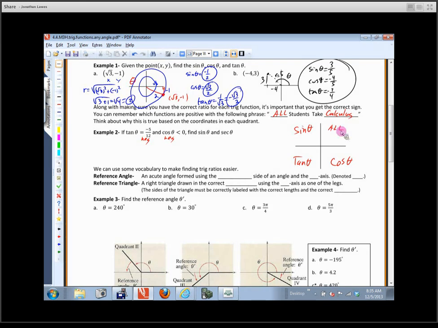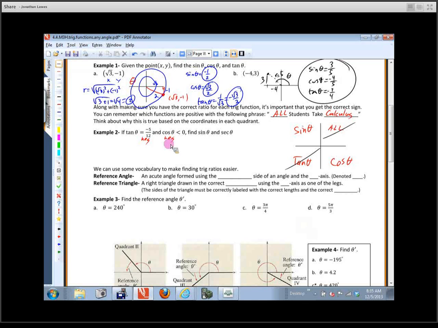Well, let's figure out what quadrant we're in, because figuring out the ratio is pretty easy. Figuring out the quadrant sometimes can be kind of difficult. So if the tangent is negative, I can narrow this down just a bit, right? If the tangent is negative, it's not here and it's not here. It's either in quadrant 2 or 4.